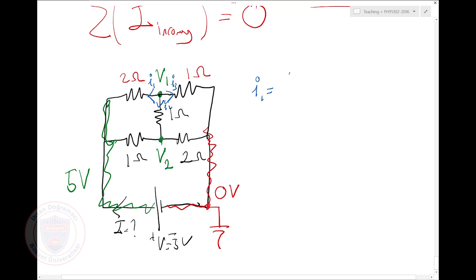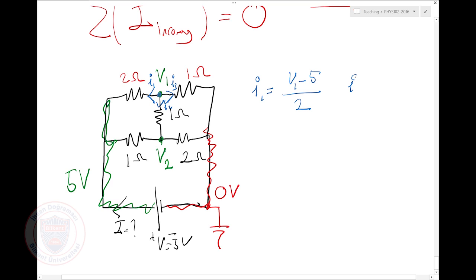So I1 is V1 minus 5 volts divided by 2 ohms, right? Delta V over R gives me the current. Should I do it once again? One end of the conductor is at V1, the other end is at 5 volts. So the potential difference across the conductor is V1 minus 5. The resistance value of the conductor is 2, so the current must be V1 minus 5 over 2.